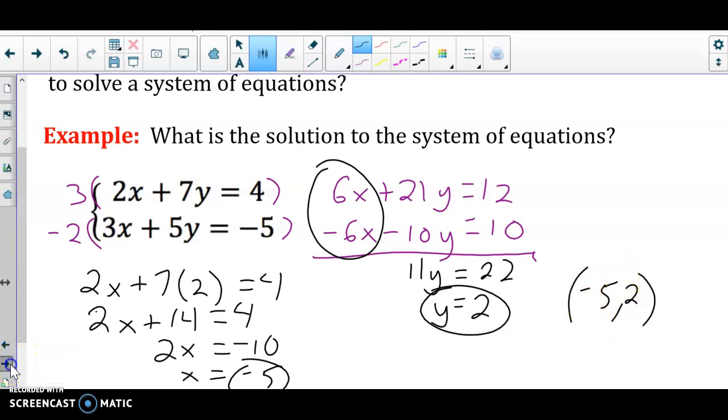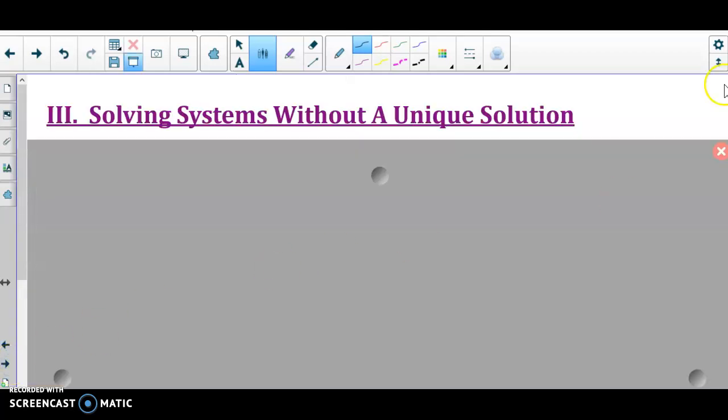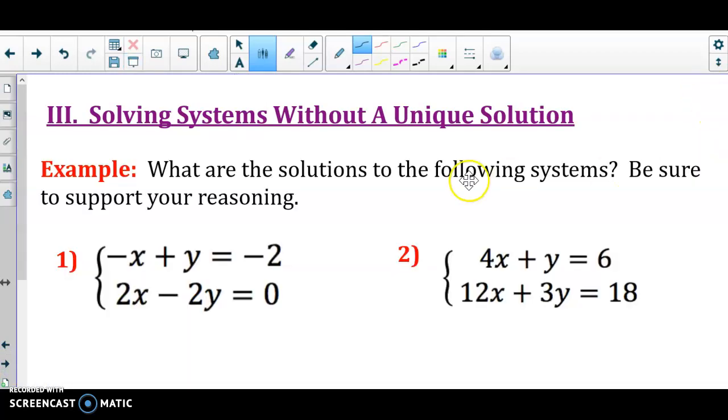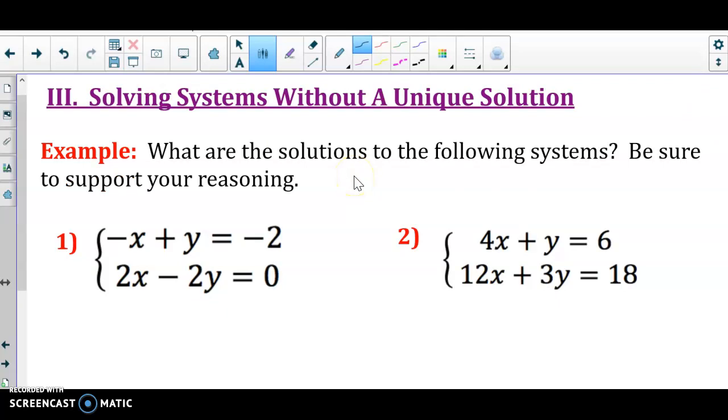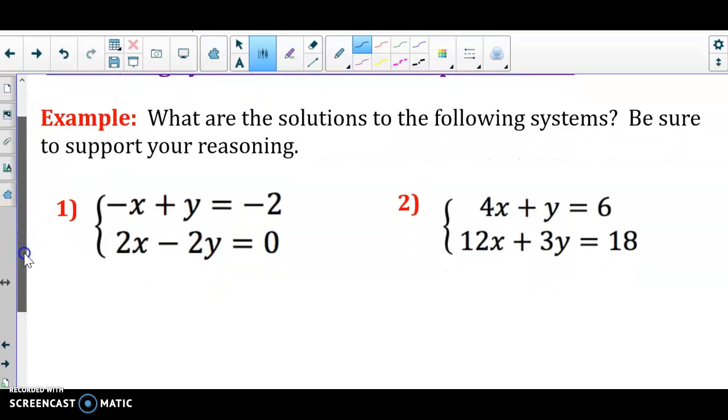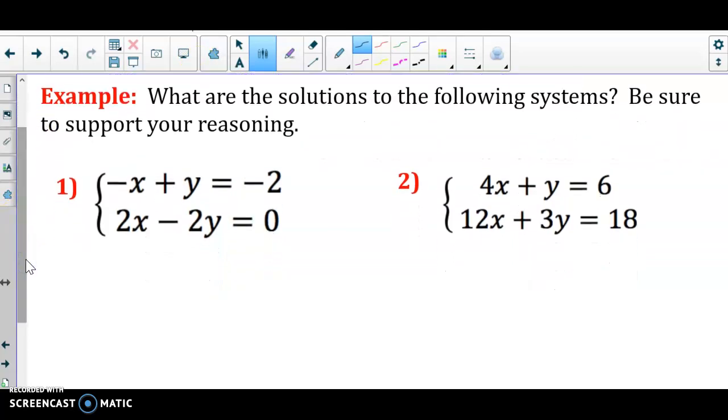Okay, so far so good. What's next? Well, how about if I've got one where I have to figure out whether or not I'm actually going to have multiple solutions or just one solution. Let's take a look at these here. I'm going to say, what the heck, I'll just try elimination, and I want to multiply my top one through by 2.